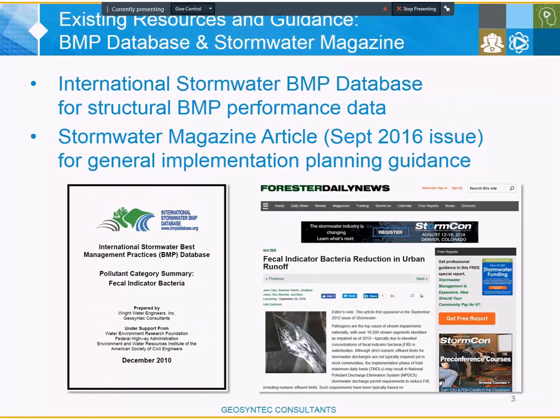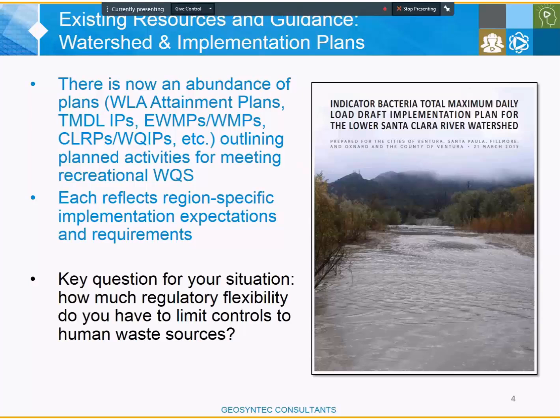There's also a ton of plans that are out there for bacteria compliance. Armed with a quick Google search, you can find in the Central Coast, they're called TMDL waste load allocation attainment plans. In many regions, including the LA region, they were previously called TMDL implementation plans. In the LA region, more recently under the current version of the LA County MS4 permit, they are enhanced watershed management plans and watershed management plans.